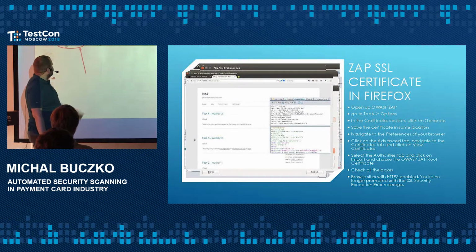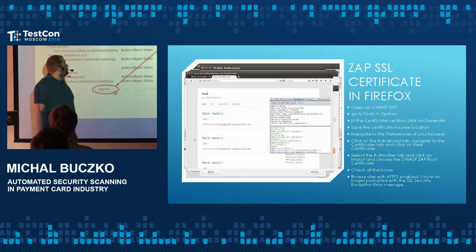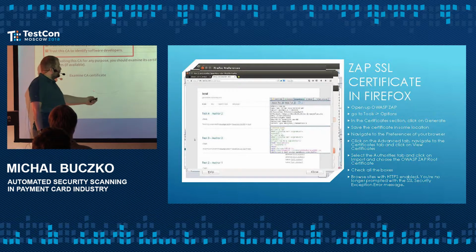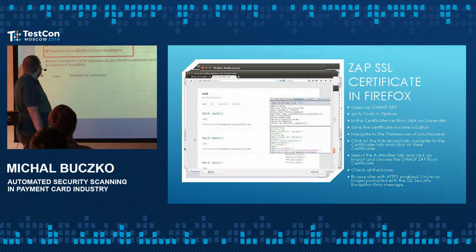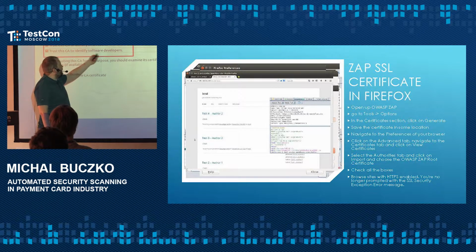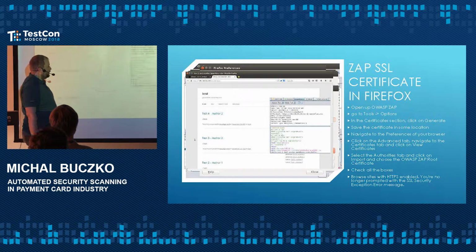In preferences, you can view the installed certificates of your browser, and then you can import the certificate that you just generated and saved. You mark that you should trust that certificate, for all the questions like identifying websites, email addresses, and software developers.